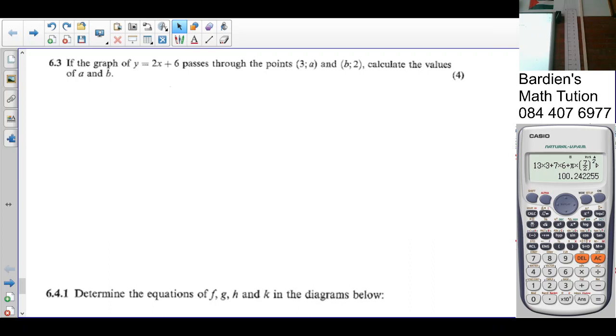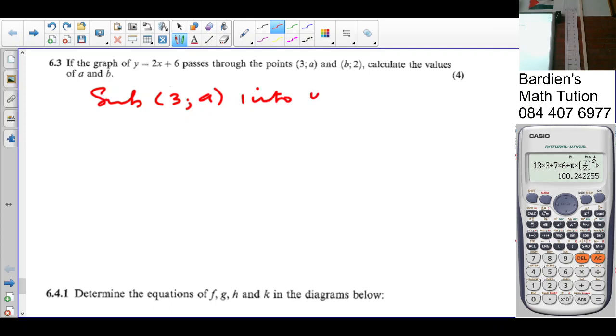Right, we are told if the graph of y equals 2x plus 6 passes through the points (3; a) and (b; 2), calculate the values of a and b. This would have been a good exam question. Why? Because if you're going to substitute (3; a) into y equals 2x plus 6, what does that mean?